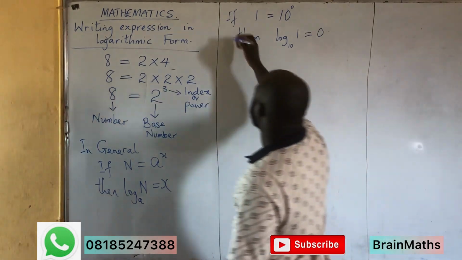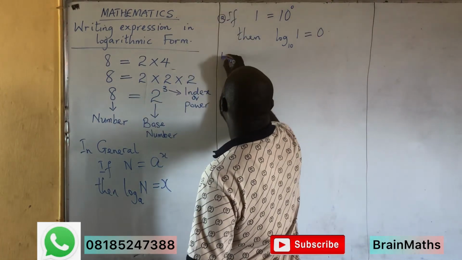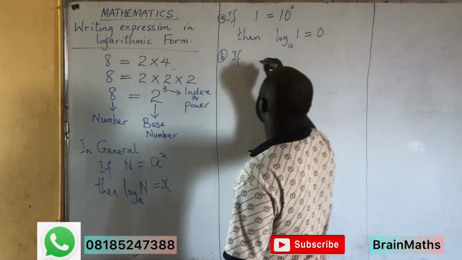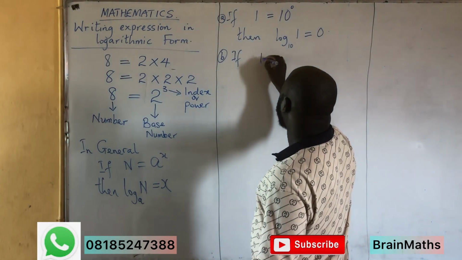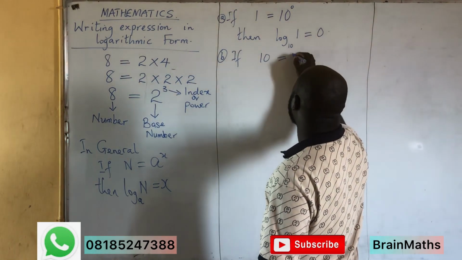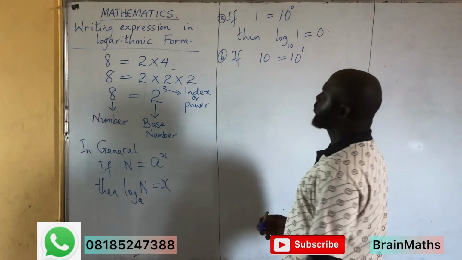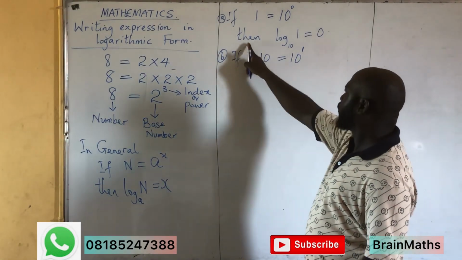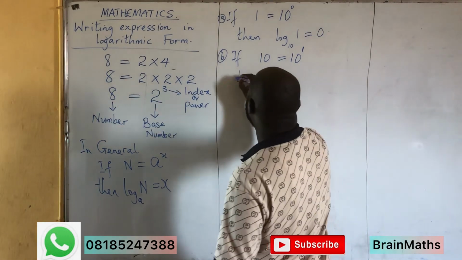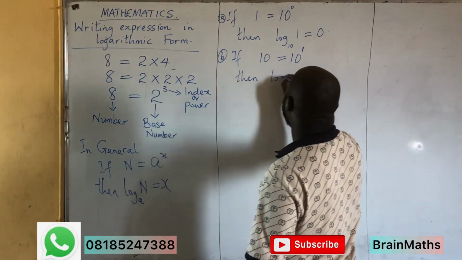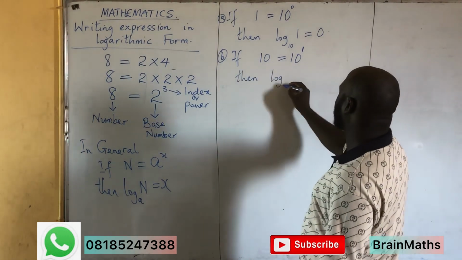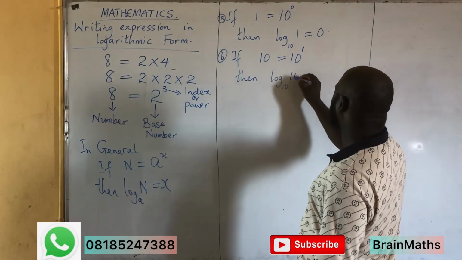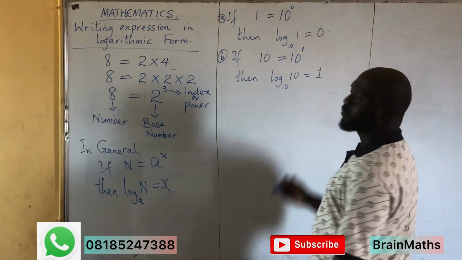For another number, if 10 equals 10 raised to power 1, following the same rule, then logarithm in base 10 of 10 equals 1.